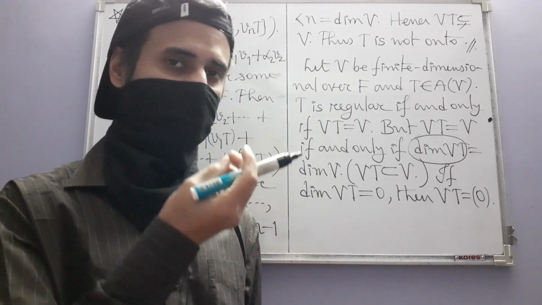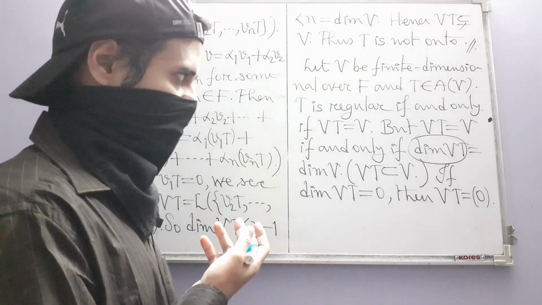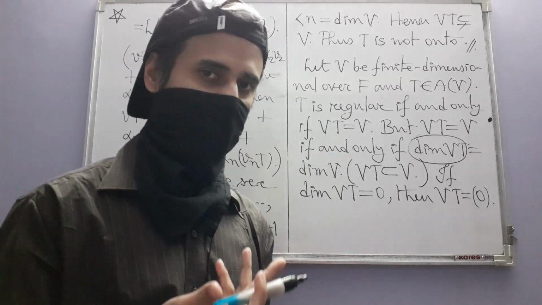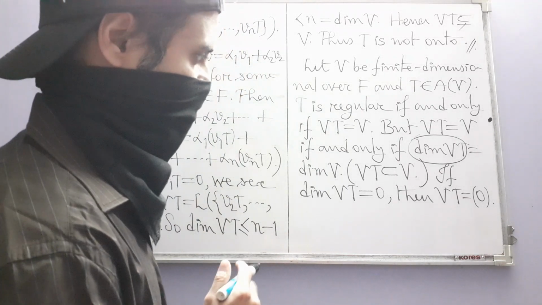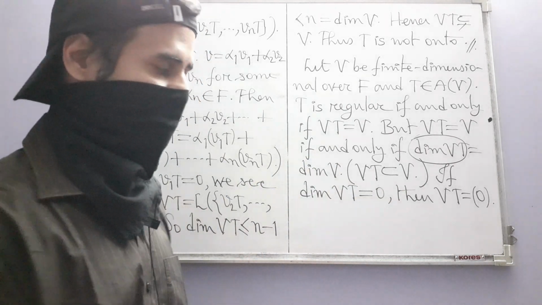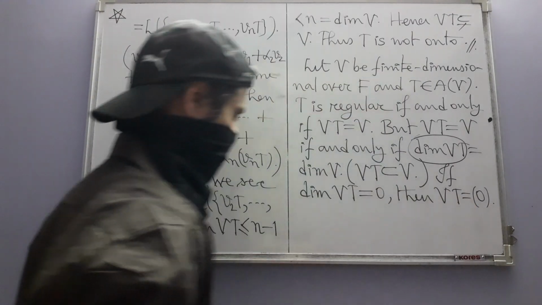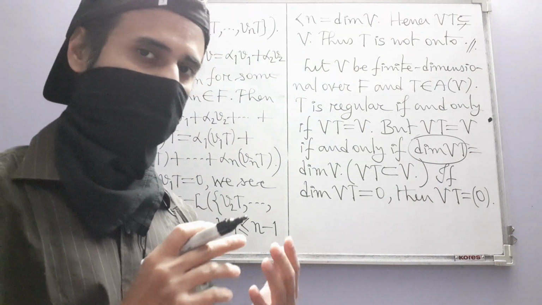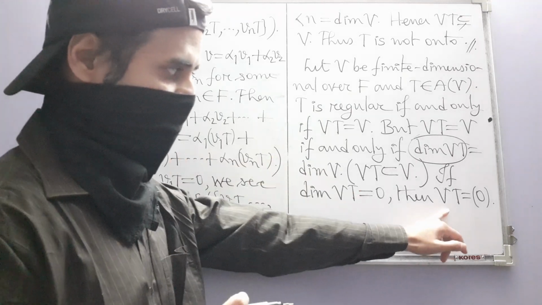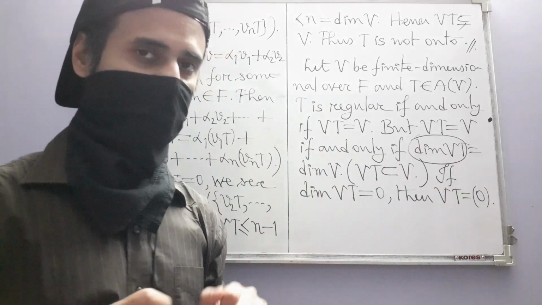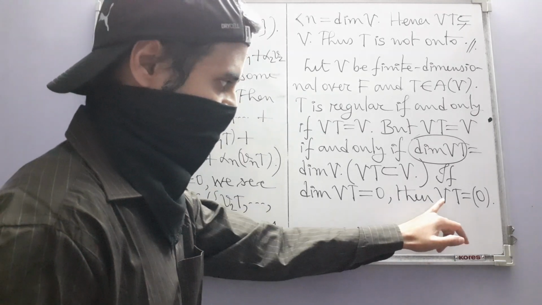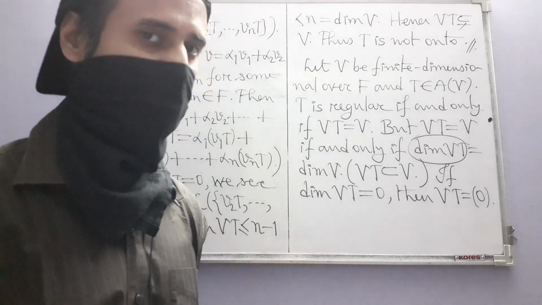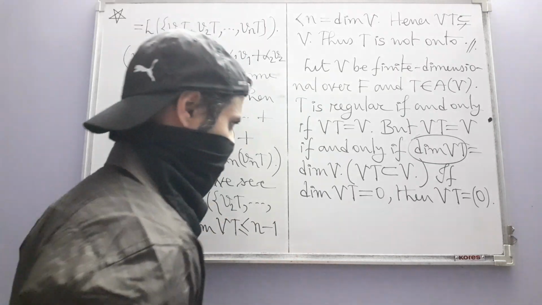It's as good as a point, just like a one-dimensional space in some sense can be thought of as a line. So Vt is equal to 0. But you see, what is Vt? Vt is the range of T. It consists of the images of all the vectors of V under T, and that is 0, which means that T sends every vector of V onto 0. Or in other words, T is the 0 operator. It's the zero transformation.